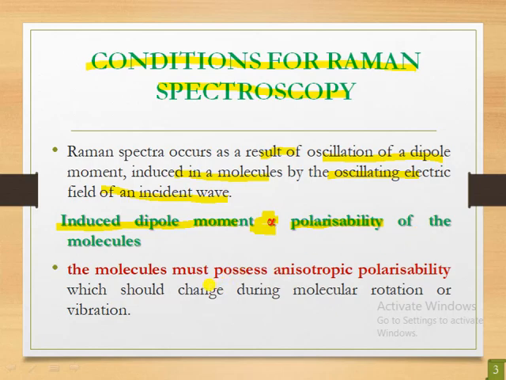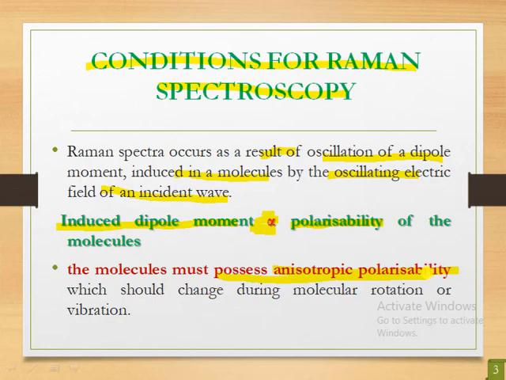So, to produce a Raman signal, the molecule must possess anisotropic polarizability. What is polarizability? It is the relative tendency of a system of electric charges to become polarized in the presence of a field. And what is anisotropic?